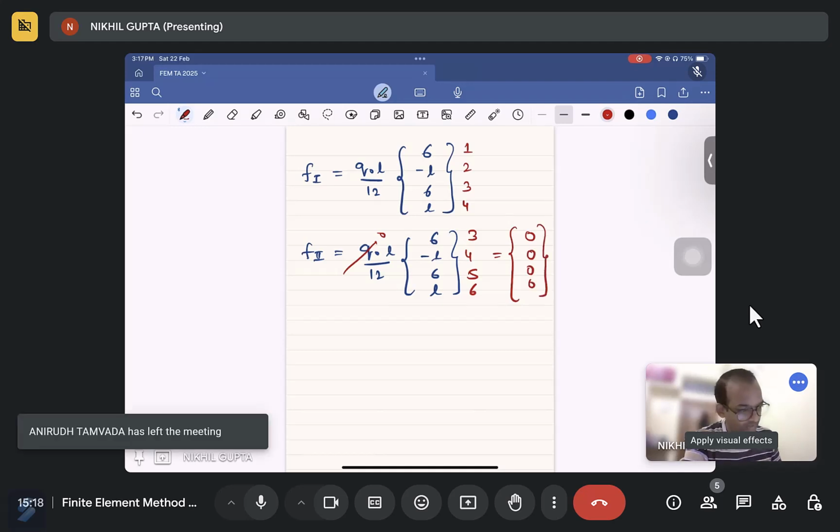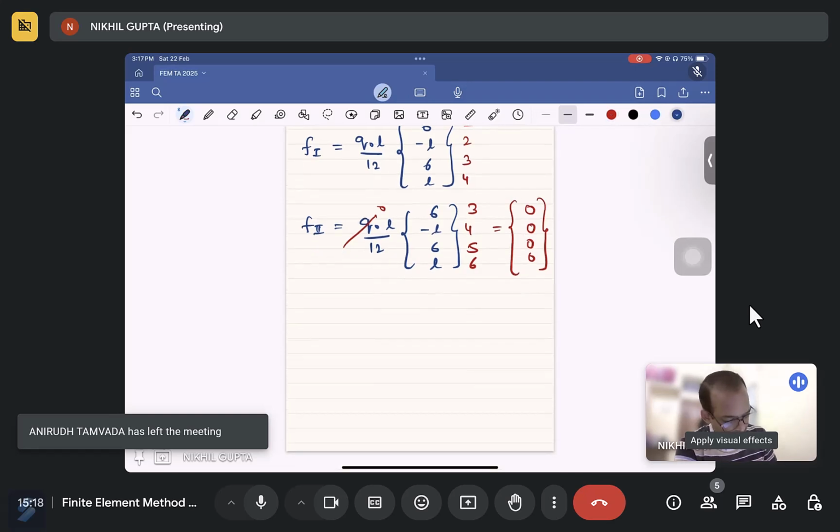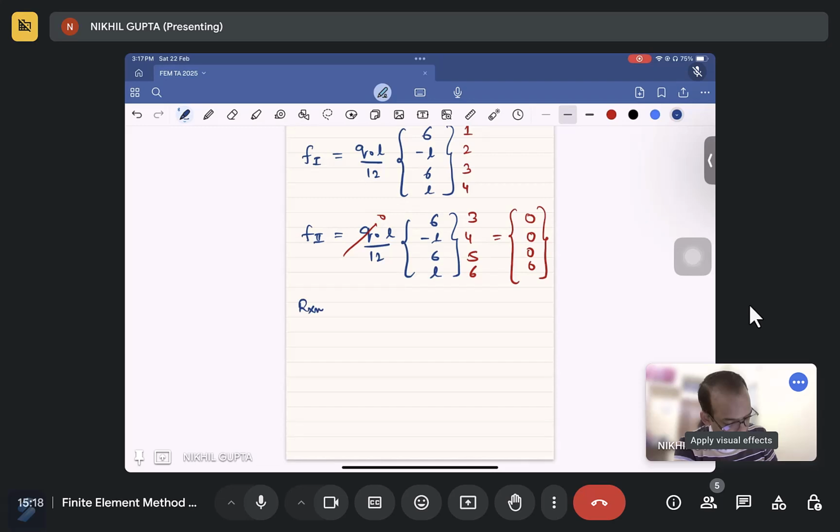Okay, now we can find the reactions also. So for the element 1, we'll define it as q1 1, q2 1, q3 1, q4 1.